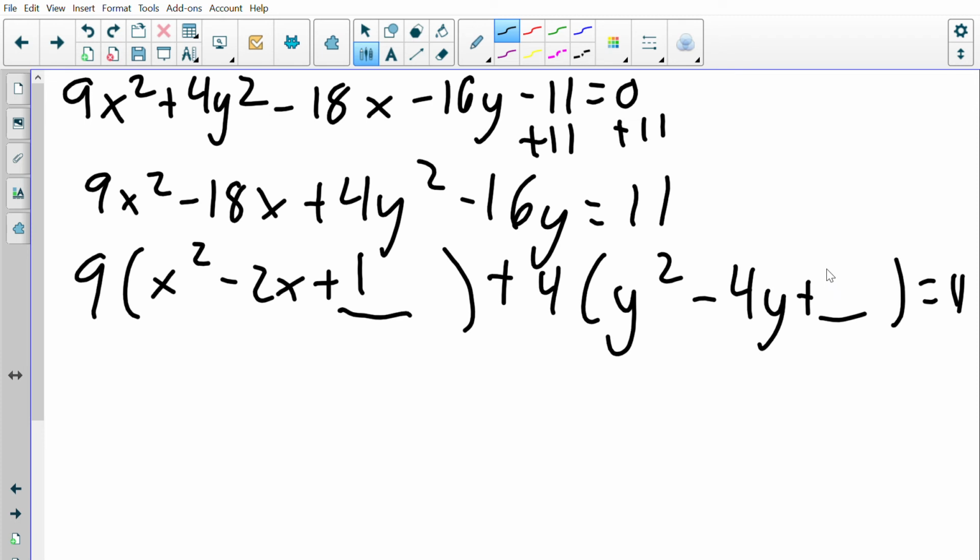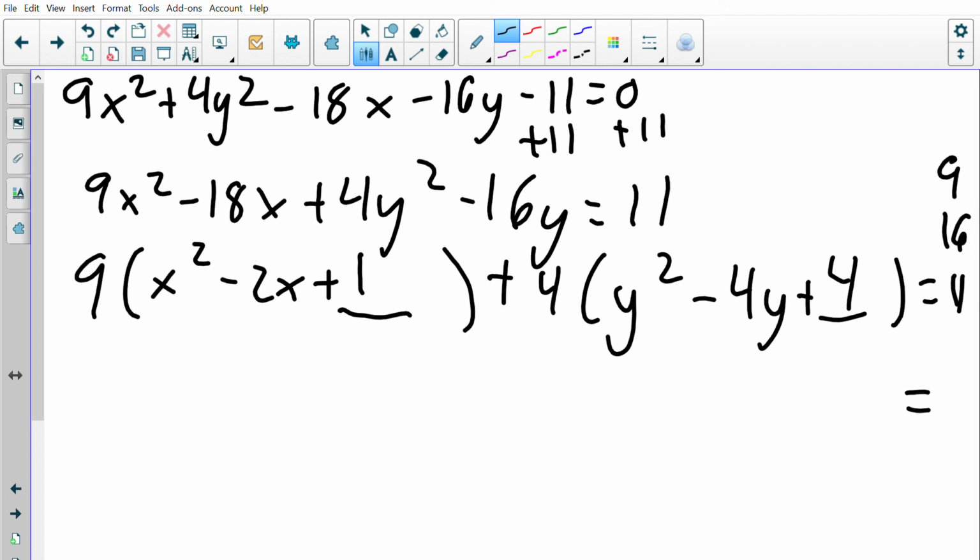Here, it's going to be -2 times -2, which gets me to +4. But -2 added to -2 gets me to -4 here. Okay? Since I just added arbitrary numbers, I have to add arbitrary numbers on the other side of the equal sign to make them even. So what I do is the number I pulled out times the number I just added for fun, I have to add to the other side, so 9. And then 4 times 4 is 16. I'm going to add all those together.